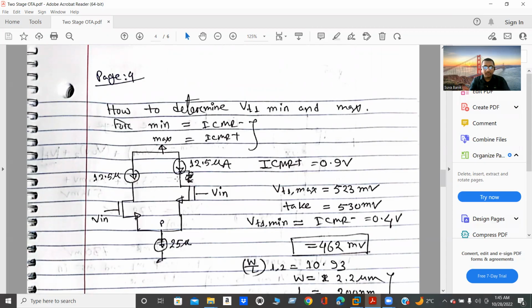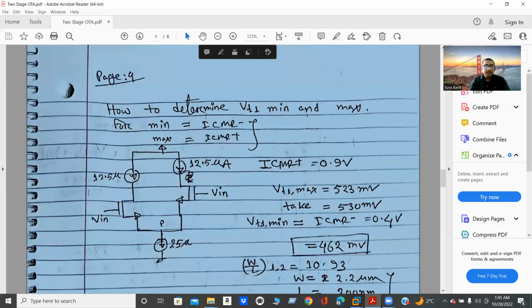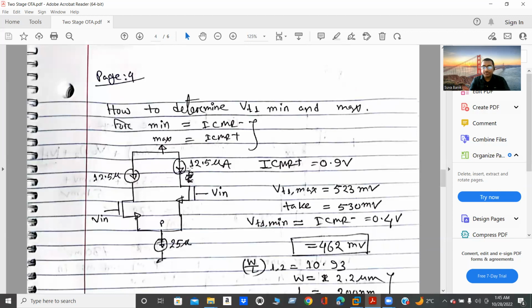To find this value, I have to configure this circuitry, because these two circuits and this current source are representing the PMOS transistor, and my intention is to determine the VT of this NMOS. If you assume this is our PMOS, which is carrying 12.5 microampere, and this is my tail current, which is supplying 25 microampere.